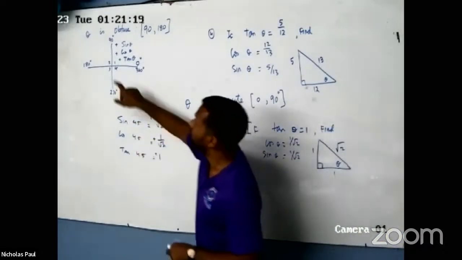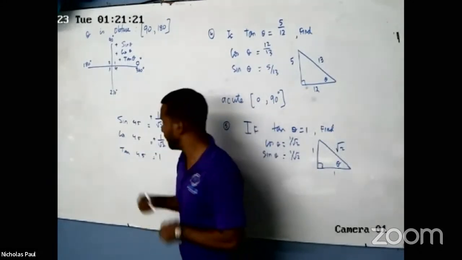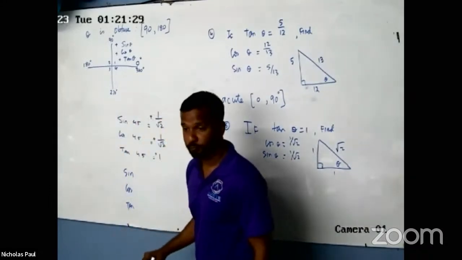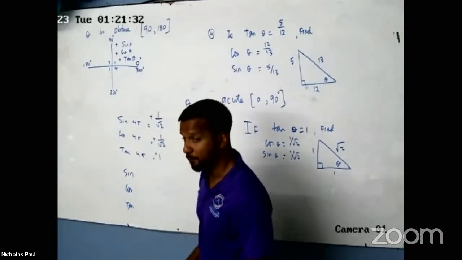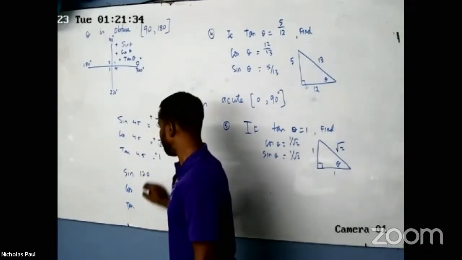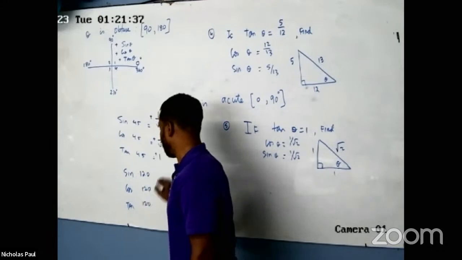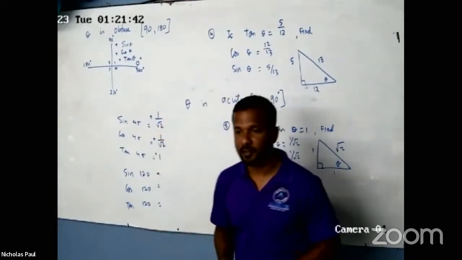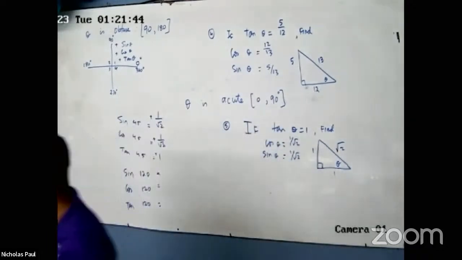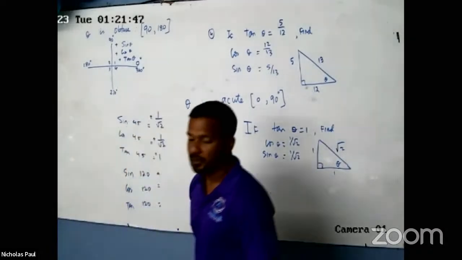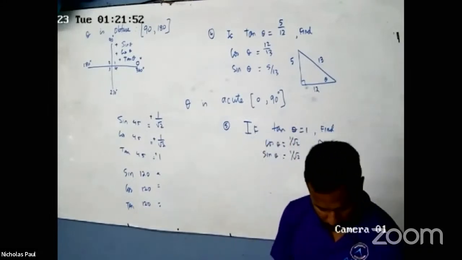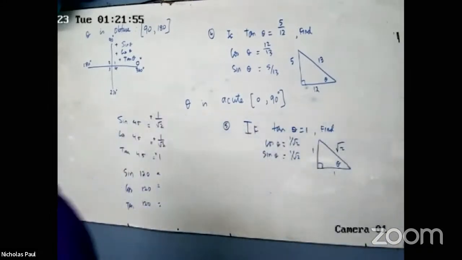Now pick a value between 90 and 180. 100, 120. Find sine 120, cos 120, tan 120. Tell me what you observe.